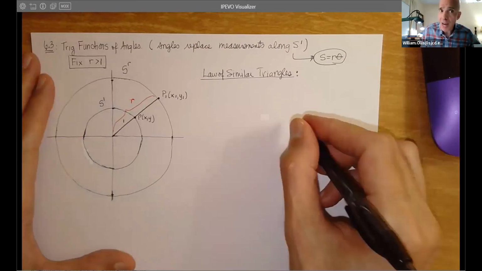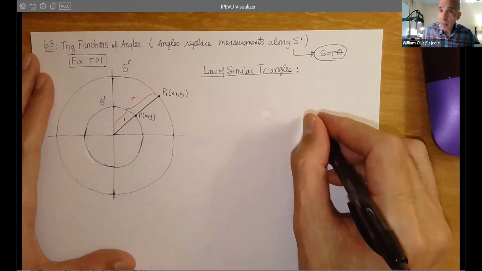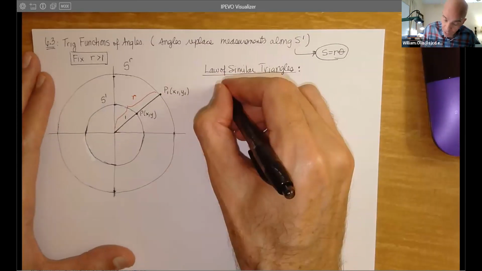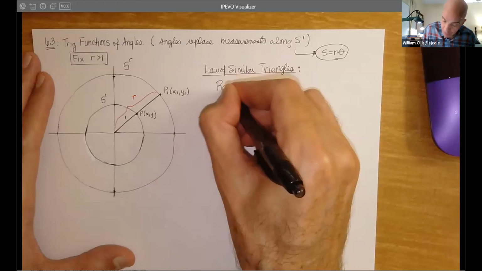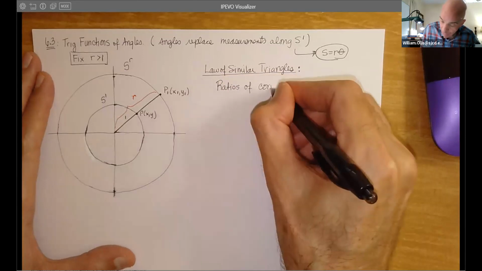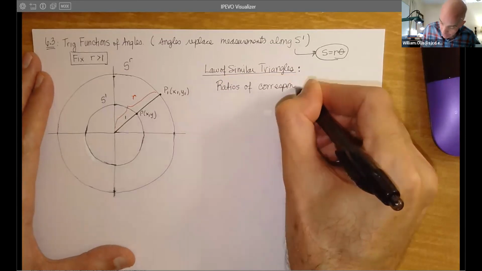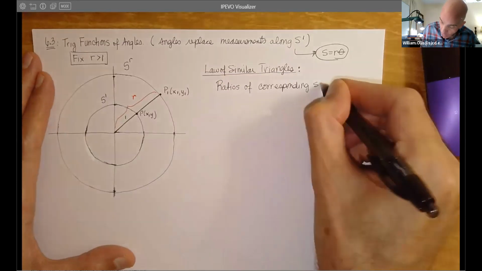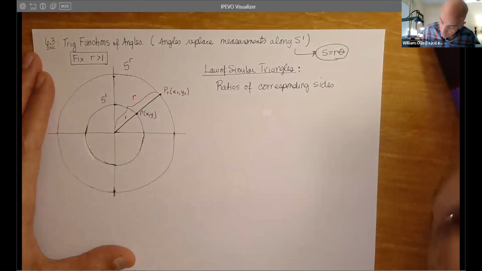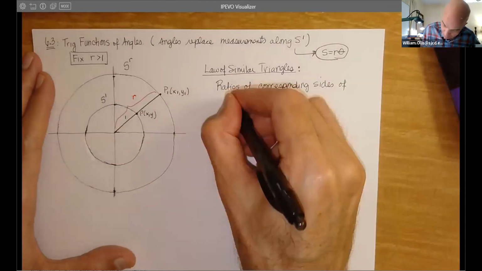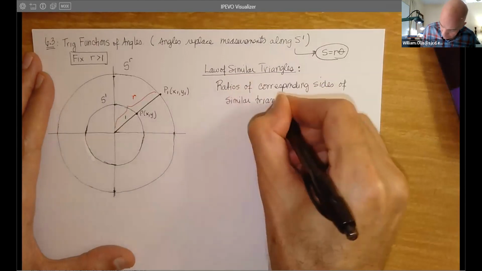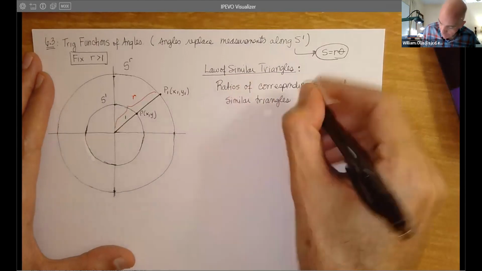So the law of similar triangles is a huge result in mathematics. And basically it states the following: ratios of corresponding sides of similar triangles are equal.